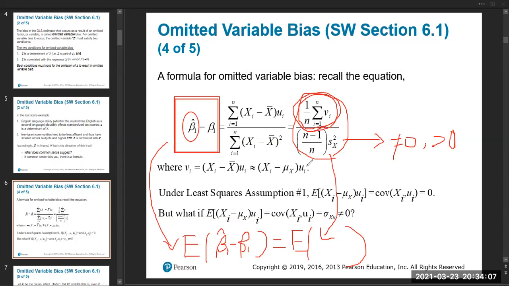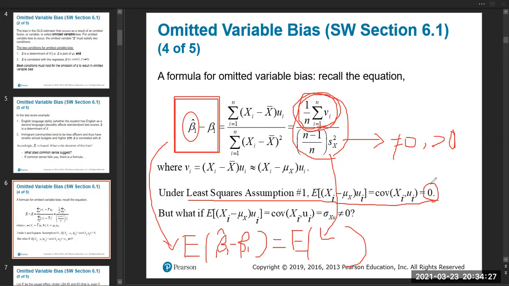Under least squares assumption 1, its expectation equals 0, because if you put the assumption into here, you can get the expectation to 0.